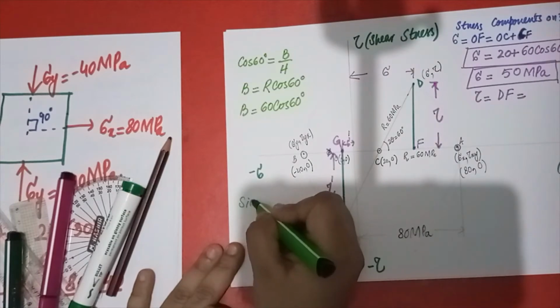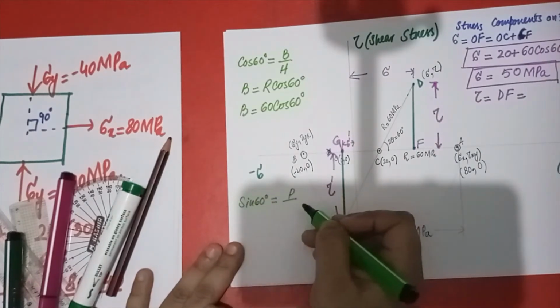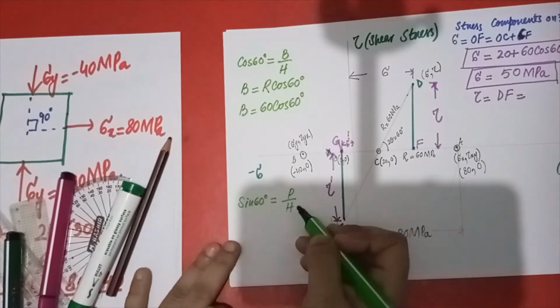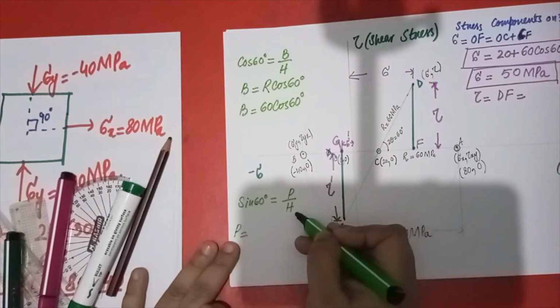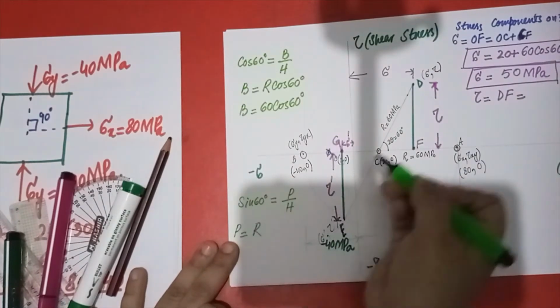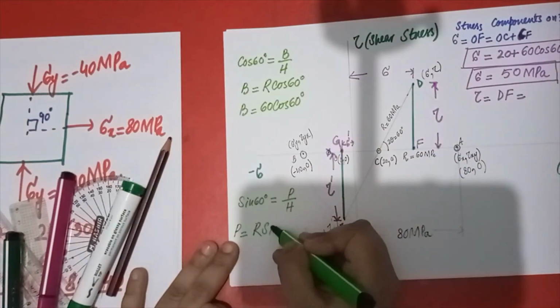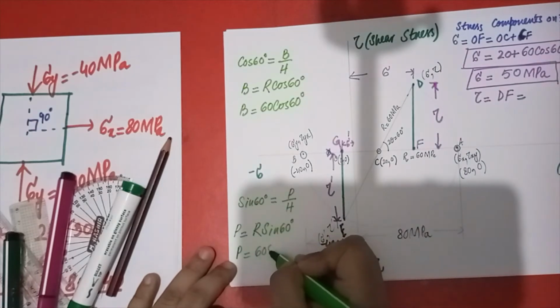Sine 60 degree equals perpendicular upon hypotenuse. So perpendicular is equal to hypotenuse into sine 60 degree. Hypotenuse is your r, so I can write r sine 60 degree. So P is equal to 60 sine 60 degree.